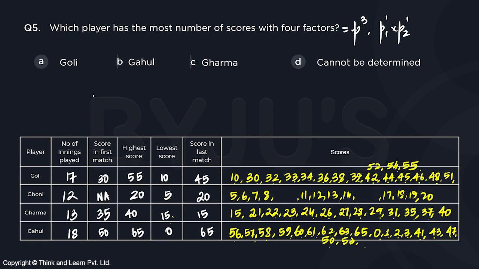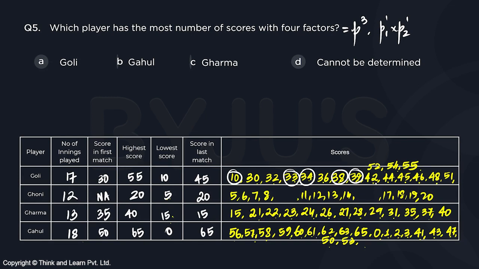So let's look at Goli. In the case of Goli, 10 can be written as 2 into 5. So that's a product of 2 prime numbers. 30 is a product of 3. 32 is 2 to the power 5. 33 is 3 into 11. 34 is 2 into 17. 36, no. 38 is 2 into 19. 39 is 3 into 13.